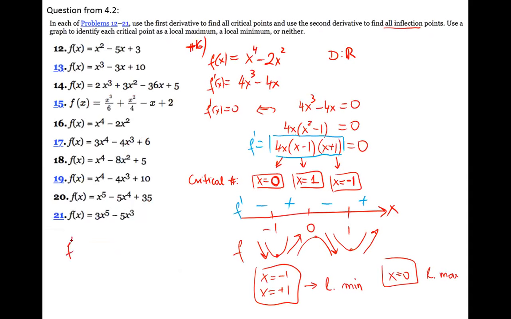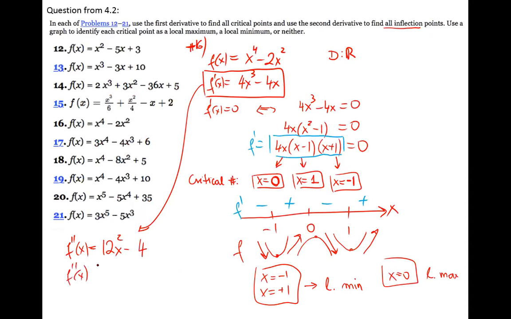For the inflection points, let's find the second derivative. I will use that form because it's much, much easier to find the second derivative. 12x squared minus 4. Now, the second derivative is 0 if this expression is 0. I can factor out 4: 3x squared minus 1.